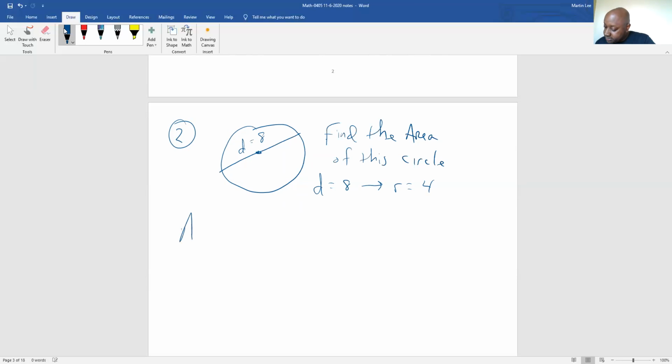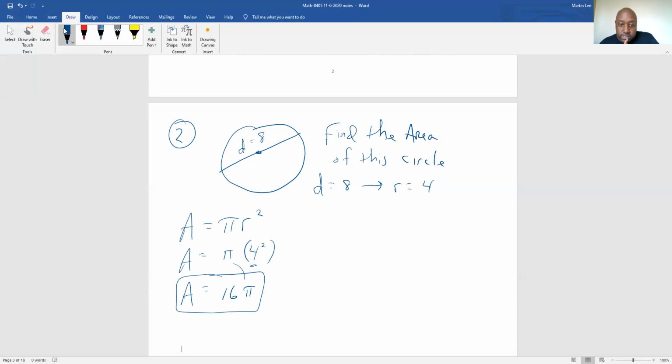And so now we want to just substitute that all into the formula. A equals pi r squared. A equals pi times 4 squared. So 4 squared is 16, and bring down your pi. So A equals 16 times pi.